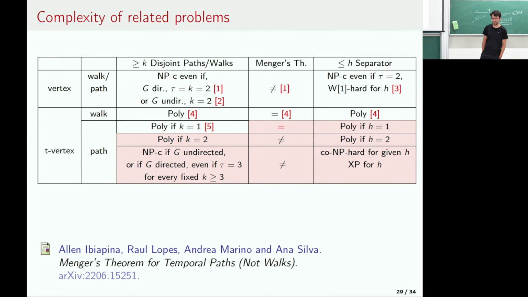Can you say what you mean by you get something too strong for the component definition? Yeah, because as I mentioned in the beginning, it's hard to think about what would be a good relation of path existence that includes time and gives you a notion of a temporal component, that is not too strong.